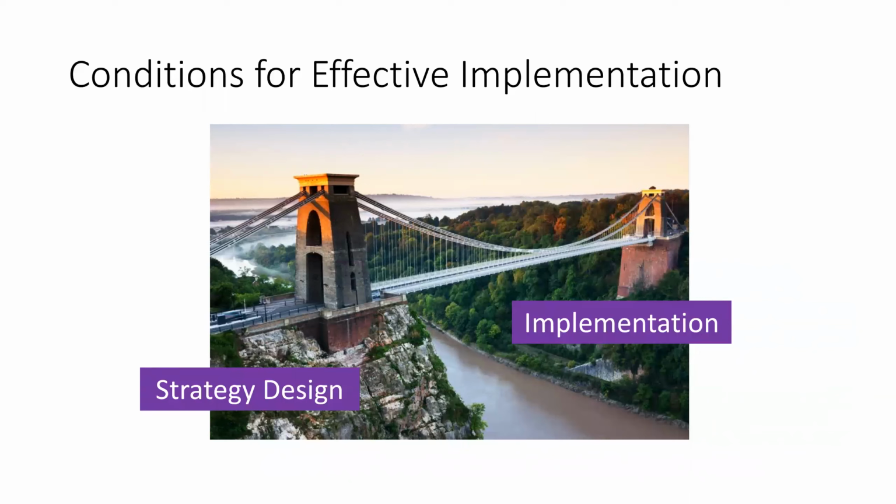In short, the conditions remind us of the critical factors that influence the success of our strategies and implementation. Like the bridge and roadway in this photo, the conditions help us navigate through the implementation process and keep us on the path to success. So let's take a closer look at these conditions.